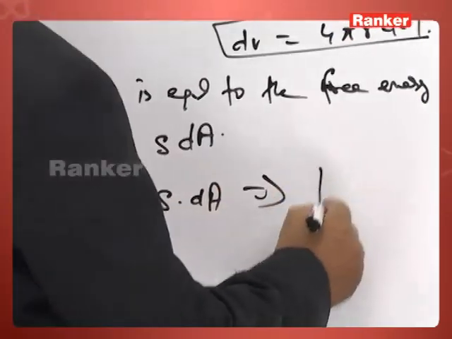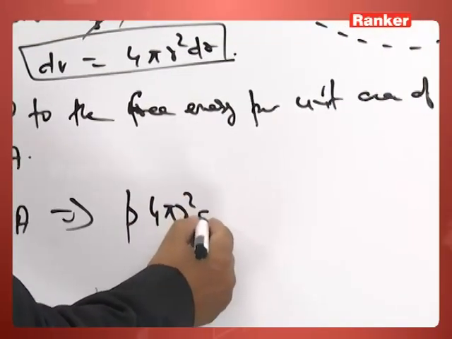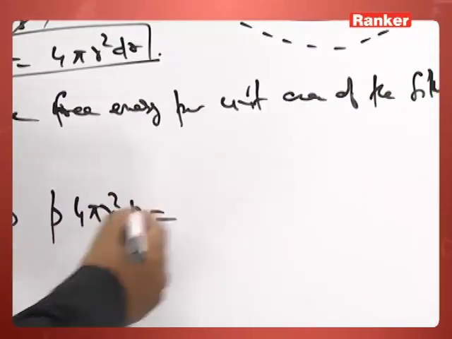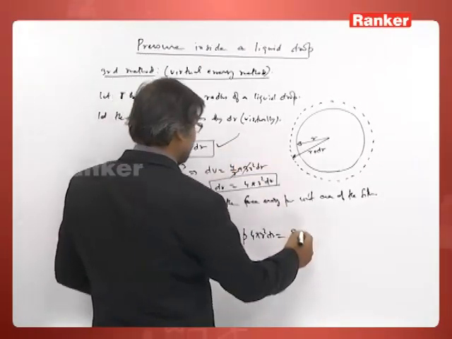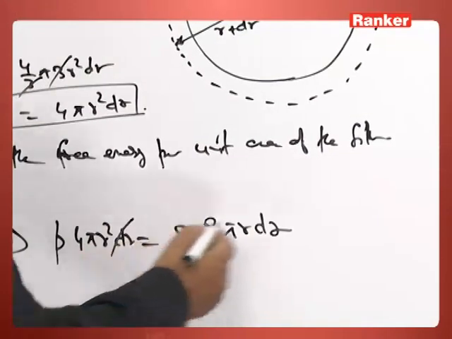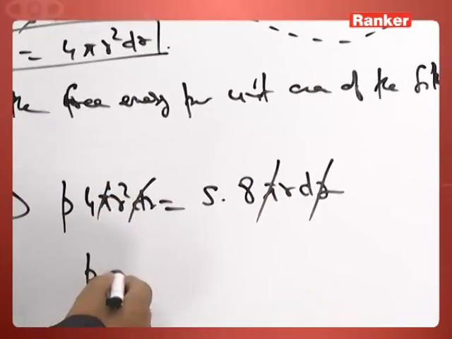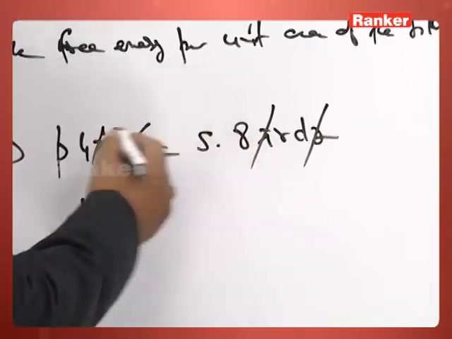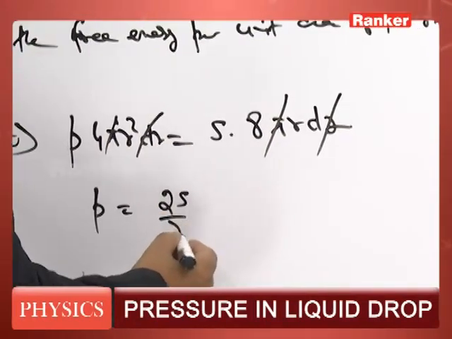So, P times 4 pi r square dr is equal to S into 8 pi r dr. The dr cancels, pi cancels, 4 cancels, so P is equal to 2S by R.